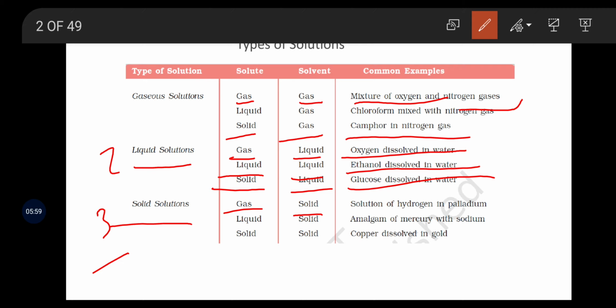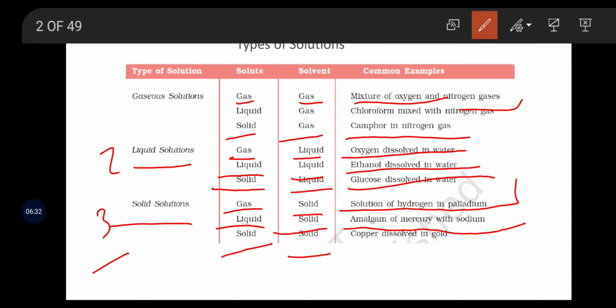An example of this type of solution is a solution of hydrogen in palladium. Now if liquid dissolves in solid, the type of solution will be liquid in solid. Example, amalgam of mercury with sodium, that is also called amalgam. Sodium amalgam, mercury amalgam.